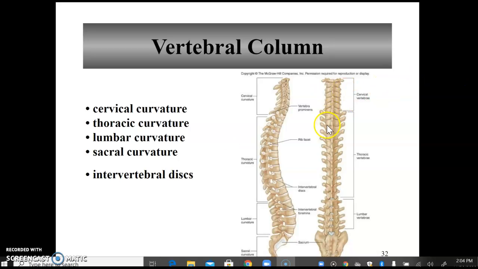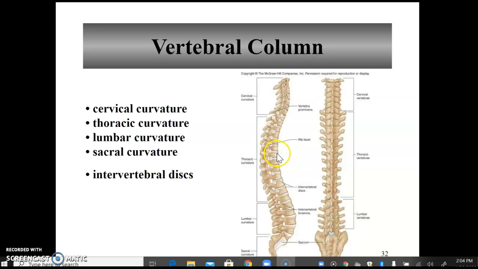Each portion of the vertebral column has a certain curvature. Those curvatures are there to be able to withstand more pressure and take off the pressure for being able to stand upright. In between each vertebrae are called intervertebral discs. We talked about these when we talked about the tissues. Those are the discs that are made up of that vertebral cartilage.